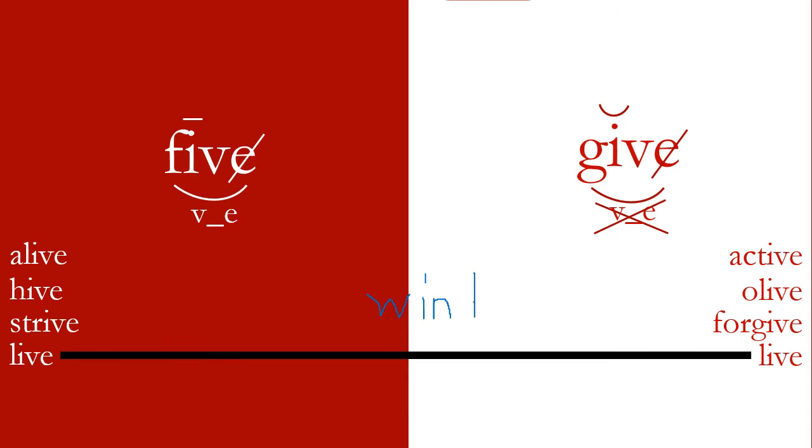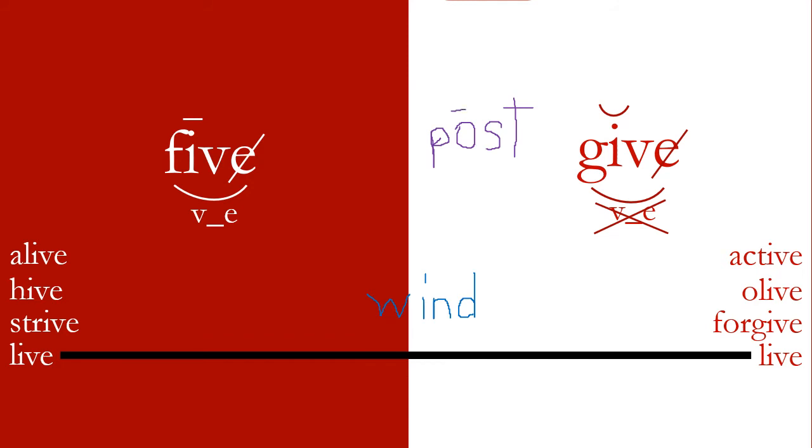Okay. So you might remember that when we talked about closed syllable exceptions, we had the word post, even though it looked like past, we said it was post. And the way we marked that was very similar to this.